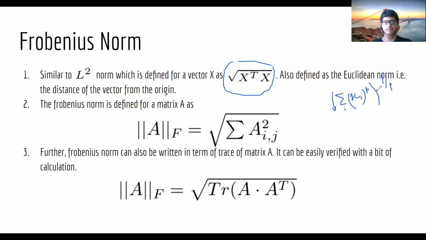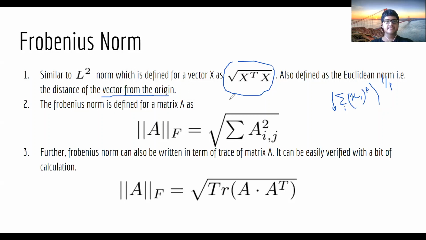If we take p equal to 2, we get the L2 norm. This is also known as the Euclidean norm because, as we know from coordinate geometry, the distance of a point from the origin is defined as the Euclidean distance. That is why. This is the distance of a vector from the origin, in the p-dimensional space.